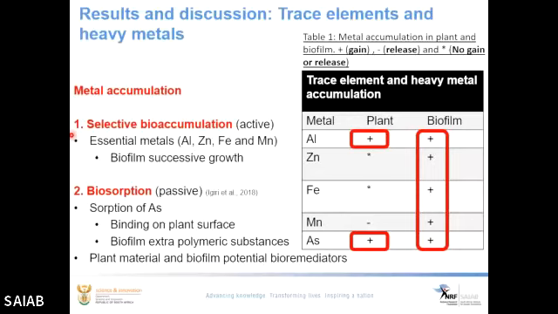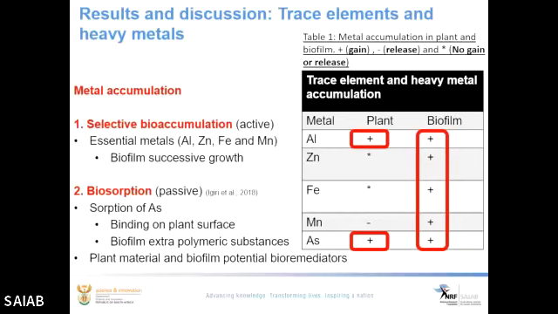Accumulation could have occurred in two ways, either through a process known as selective bioaccumulation, which is a more active way of accumulating metals, where essential metals such as aluminium, zinc, iron, and manganese were actively accumulated by the biofilm for its successive growth at different time intervals.